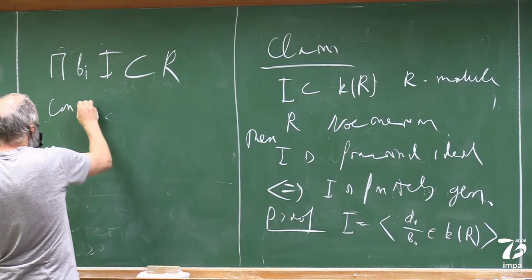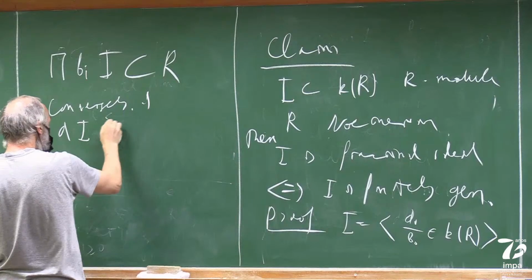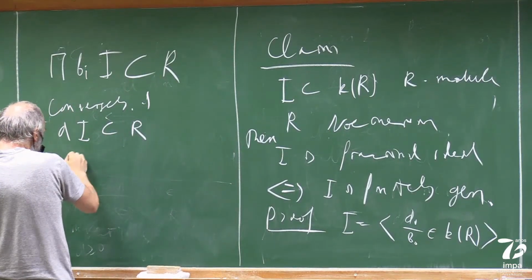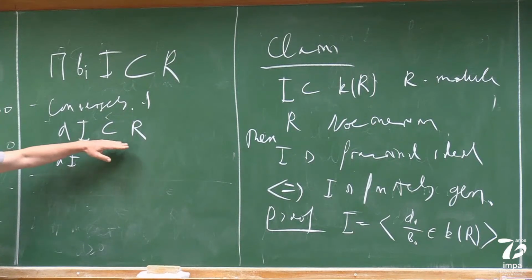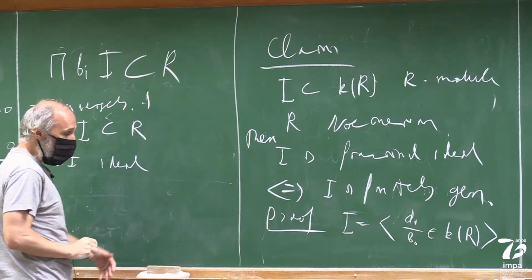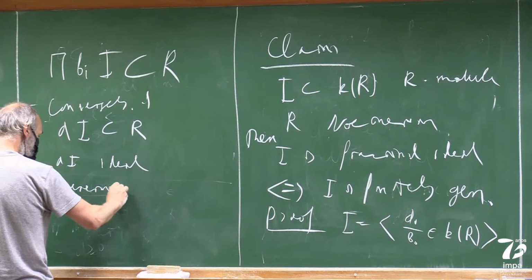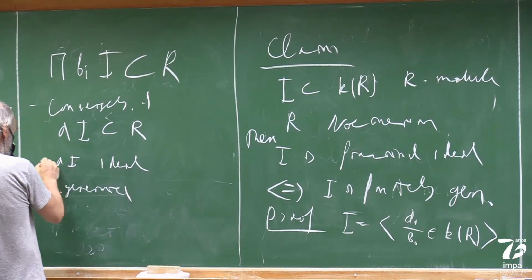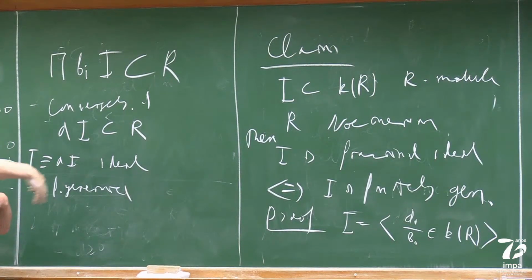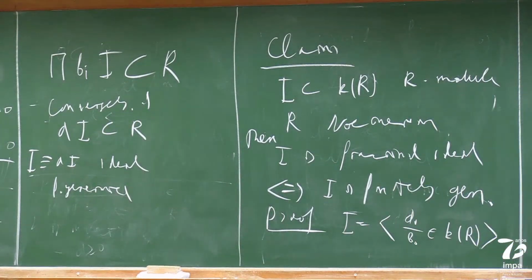Conversely, if aI sits inside R, then aI is an ideal, a submodule in R, and ideals in Noetherian rings are finitely generated. But as a module, this is isomorphic to I, because multiplication by a is an isomorphism of submodules. Okay, so we proved this pretty small result.